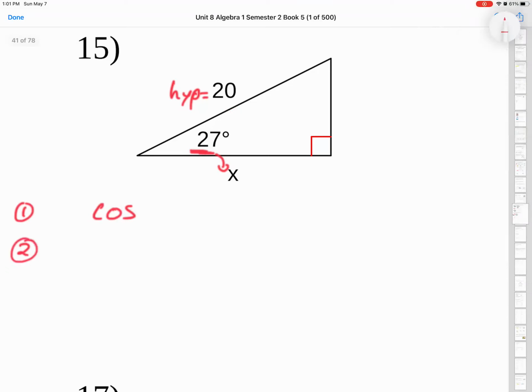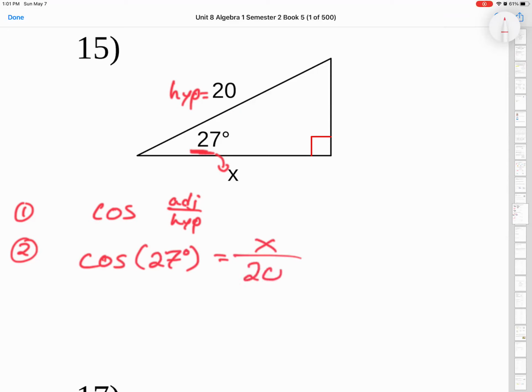Step two is like, let's create our equation now. So again, this is adjacent over the hypotenuse. We have the cosine of 27 degrees, because that's our angle measure given, equals the adjacent, which is x. We don't know it, but it's involved, and that's what we're trying to find, over 20, the hypotenuse.